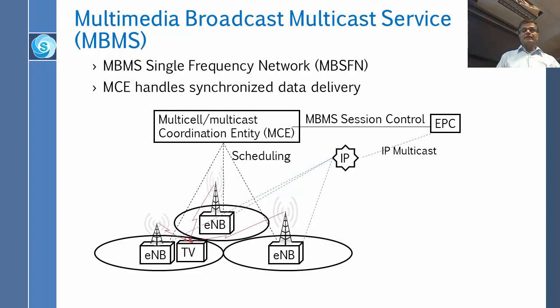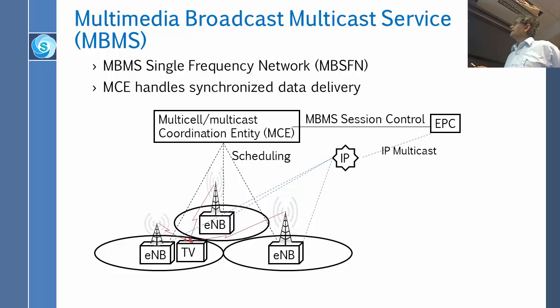Then we go into the multimedia broadcast multicast service. This is for TV or any other kind of common content which is broadcast. If you're going to send something which is multimedia and which is broadcast or multicast, it doesn't matter, then basically what you do is you use this entity called the multi-cell multicast coordination entity, MCE.